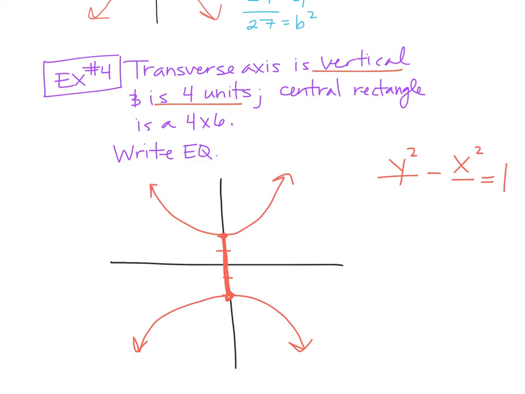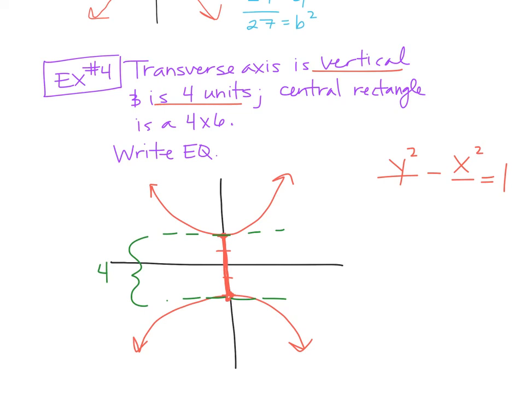Well, it says that our central rectangle is a 4 by 6. So 4 is taken care of already, right? So the length of the sides here is 4. We want the length, the left to right, to be 6, but be careful with that.